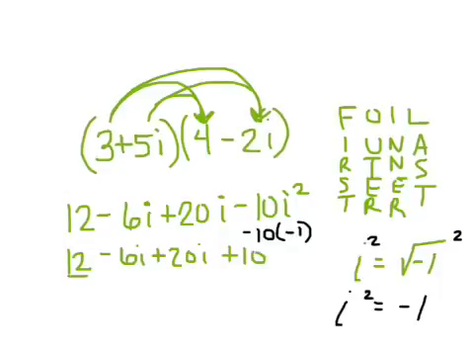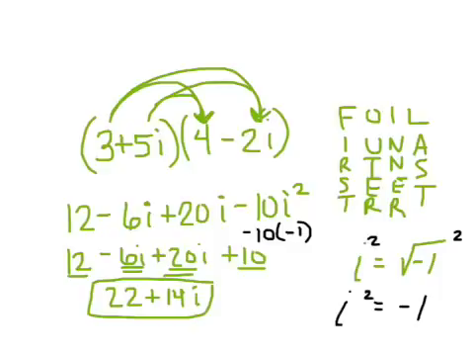Then I combine like terms. 12 plus 10 is 22. -6 plus 20 is 14i. And I now have my answer. You should not have anything greater than i. It should only be i, because if you do have something bigger than that, it will reduce.